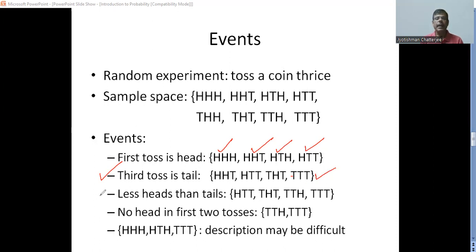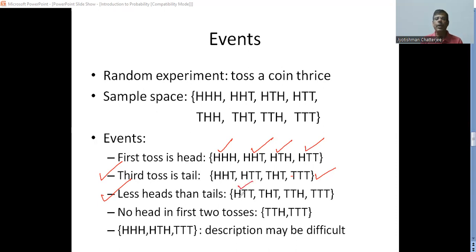Now comes another event, less heads than tails. How many total tosses are there? There are 3 tosses. So either there will be 2 tails or there will be 2 heads, or it can be all 3 heads or all 3 tails. Which outcomes satisfy this?